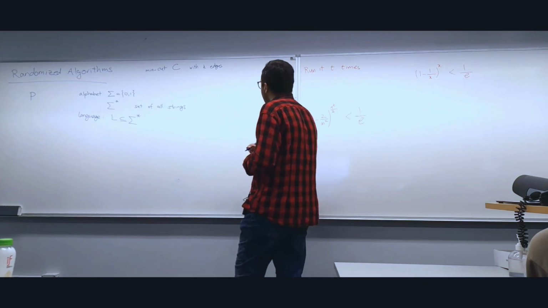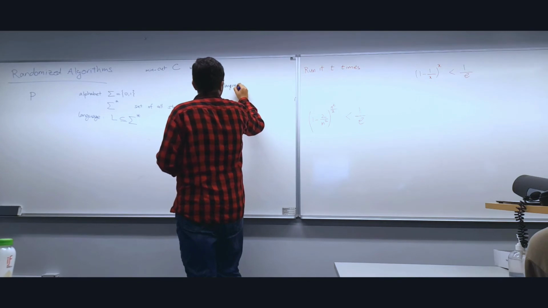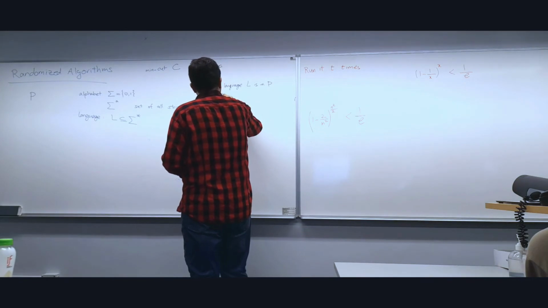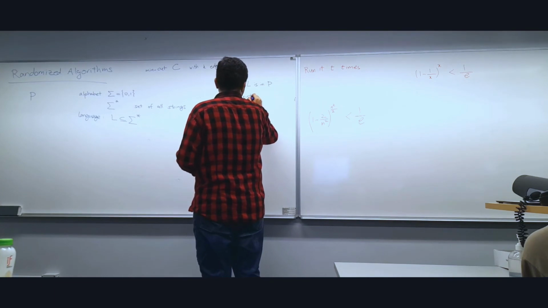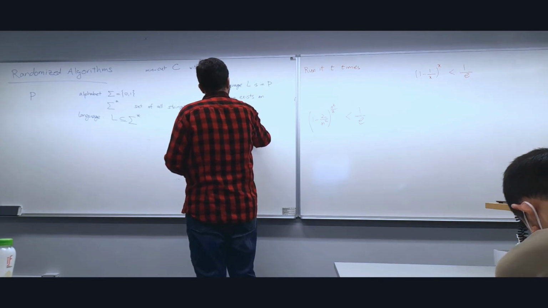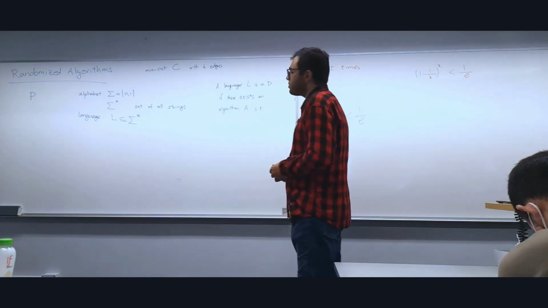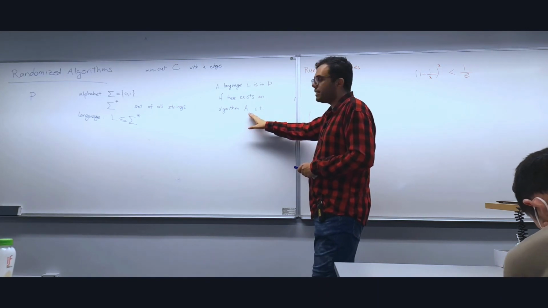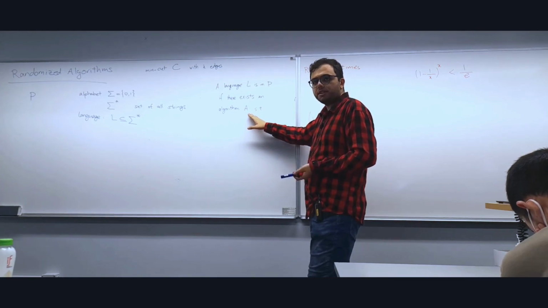Officially, we say that a language L is in P if there exists an algorithm, and when we say an algorithm, we basically mean a Turing machine. If there exists an algorithm A such that, what conditions do we want this algorithm to have? This algorithm takes the string as input and either accepts or rejects it, because we're talking about decision problems.